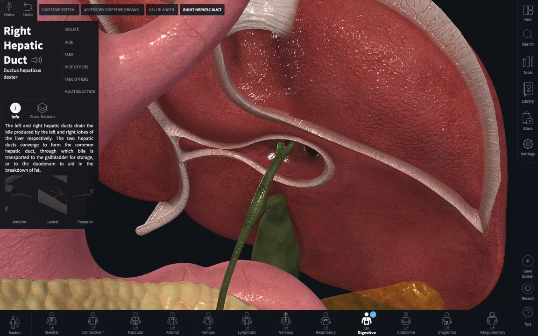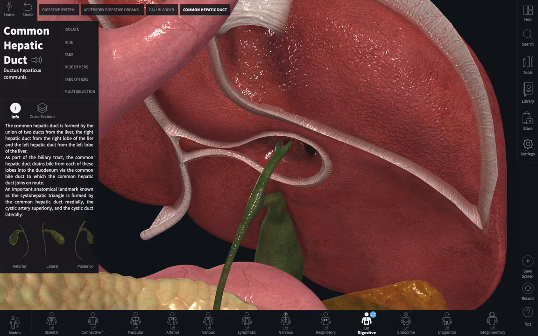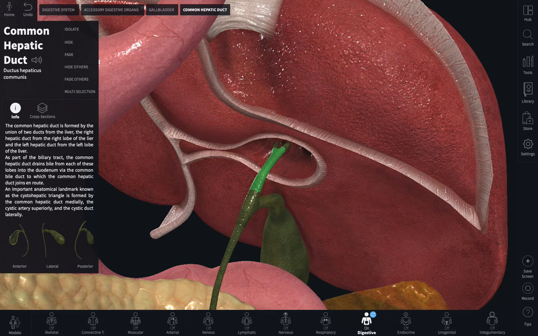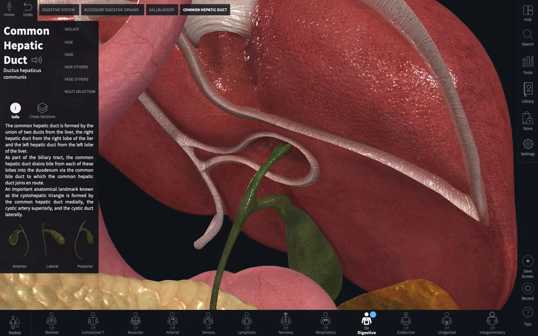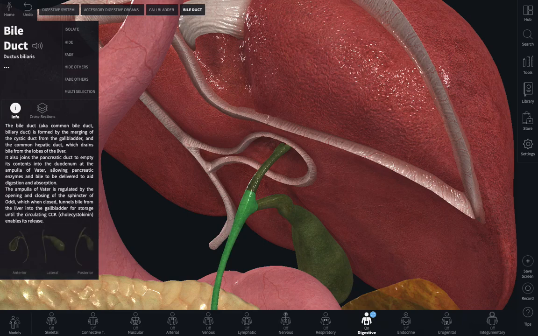They unite to form the common hepatic duct. You can rewind and see all these structures, and whatever I'm speaking right now is displayed on the left hand side, so it shouldn't be any issue. The common hepatic duct then joins with this cystic duct to form the bile duct.